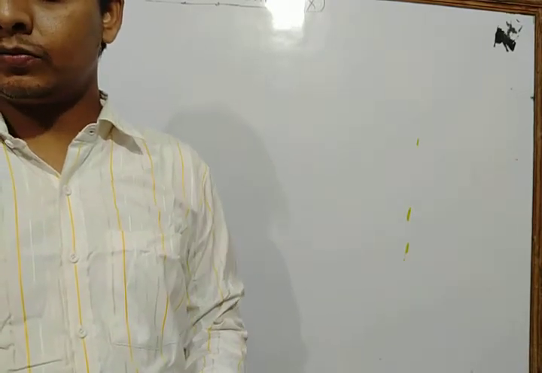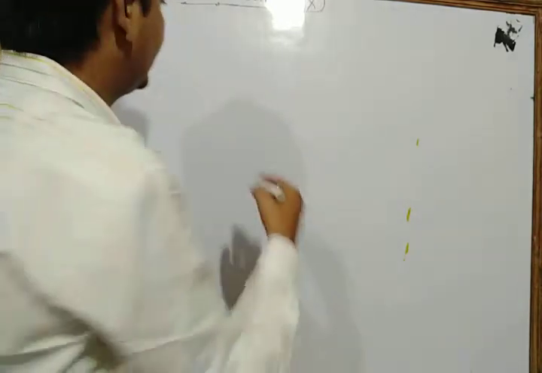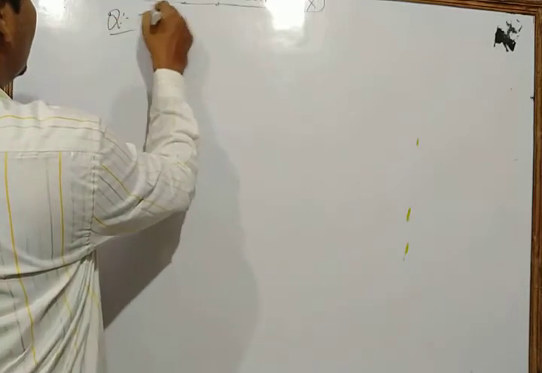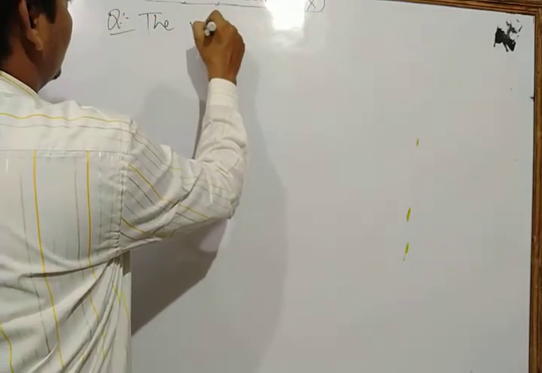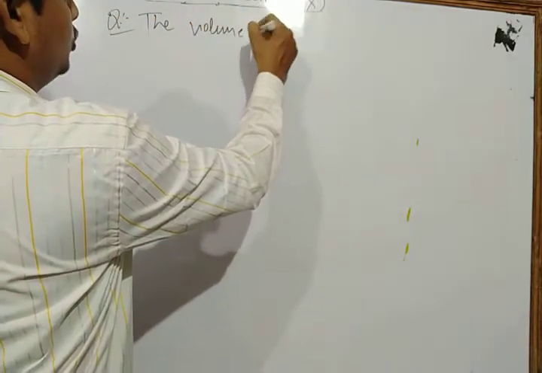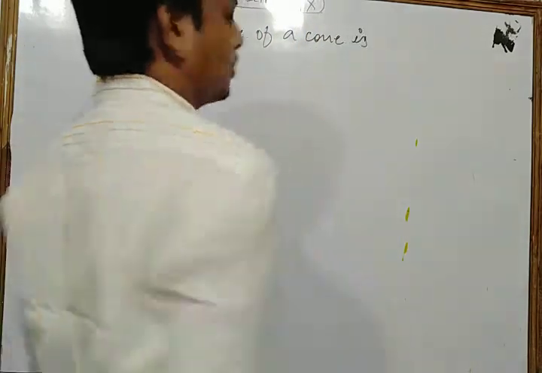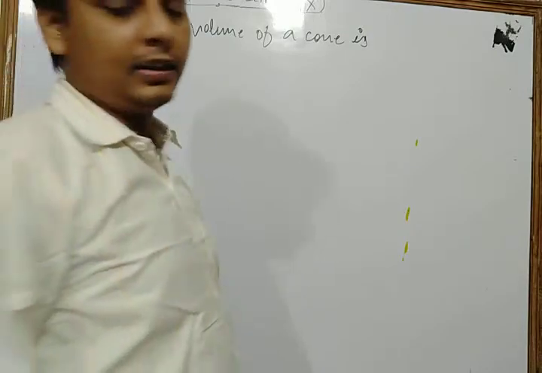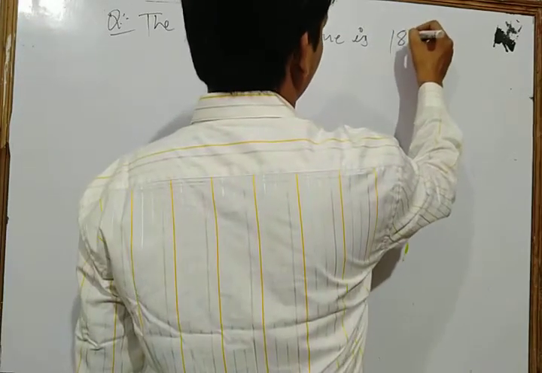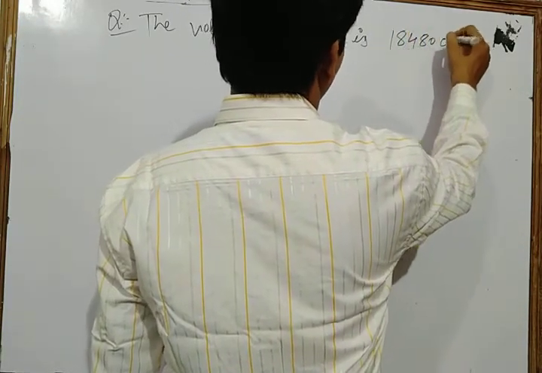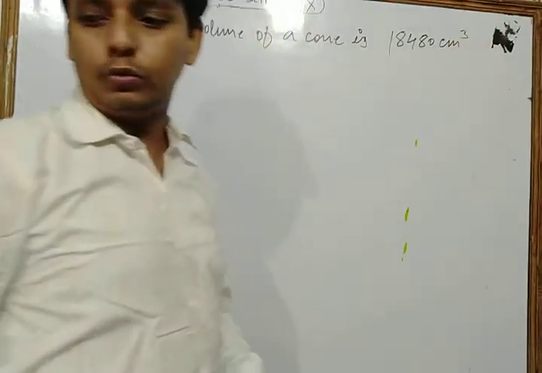Let's see the next question. The volume of a cone is 18,480 centimeter cube.